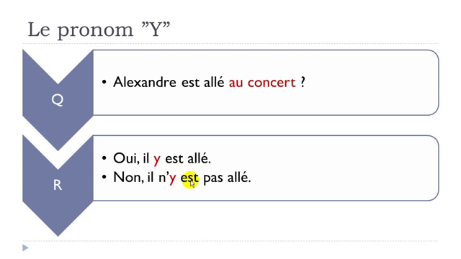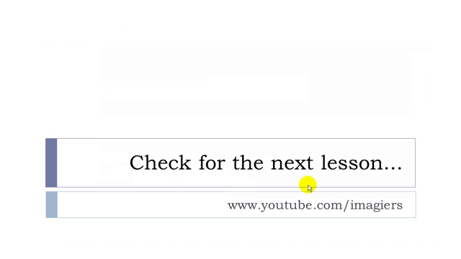Il n'y est, and then you put, as we saw previously in Unit 5, or I don't remember, I guess it was Unit 5 when I introduced the passé composé, you put this pas here between être and your participe passé form, okay? So, non, il n'y est pas allé. All right. I hope it was clear.